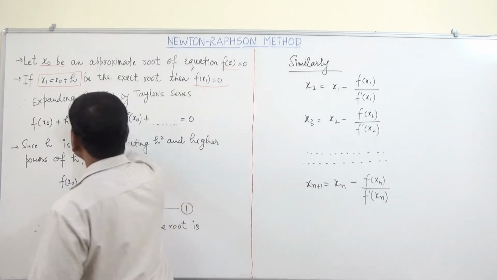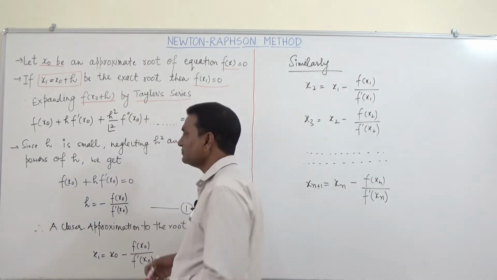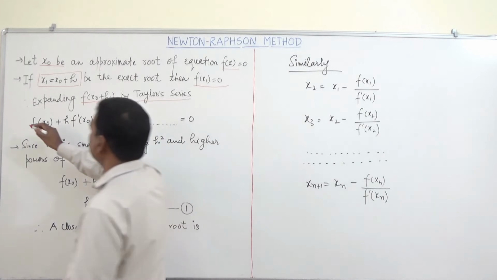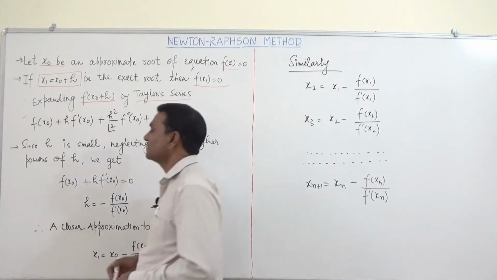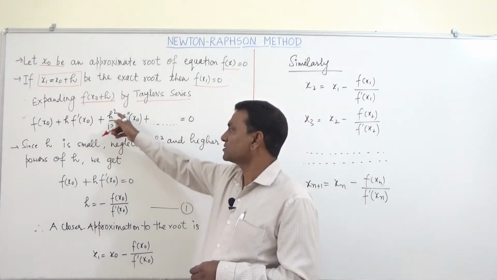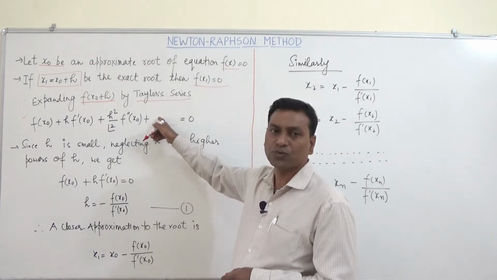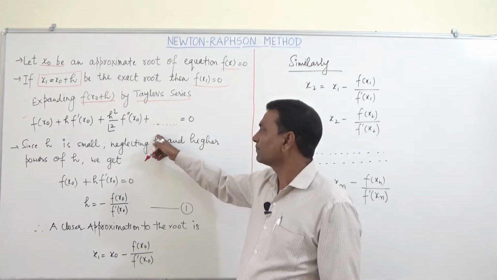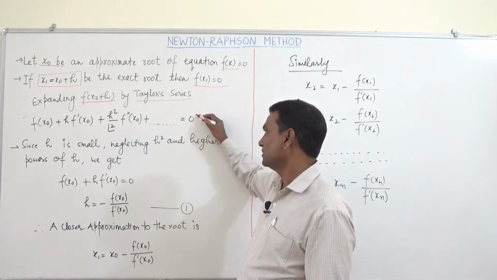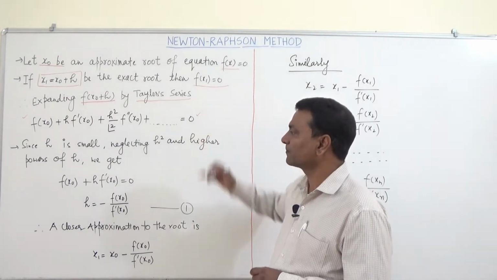As per the Taylor series, this will be f(x0) plus h f'(x0) plus h square upon factorial 2, f''(x0), plus h cube upon factorial 3, f'''(x0), and so on, equals 0, because we are finding the root.